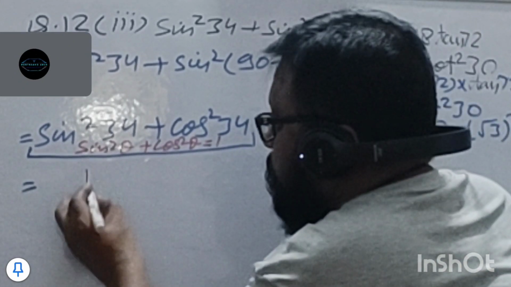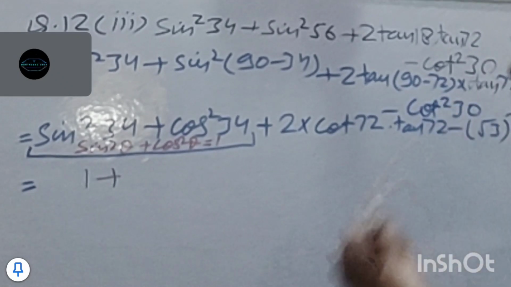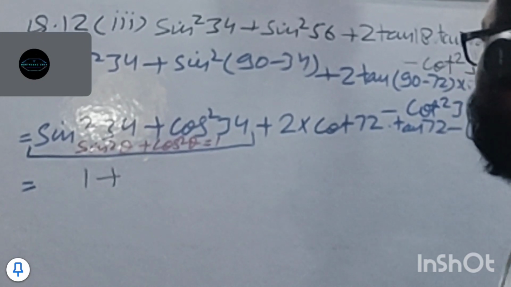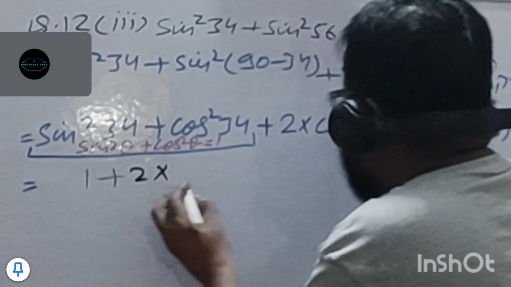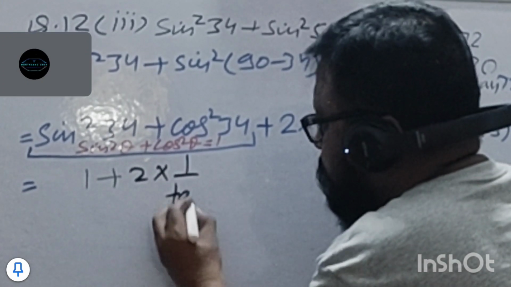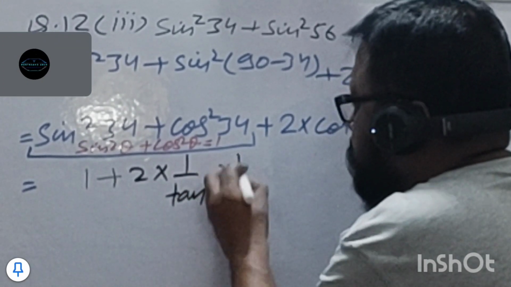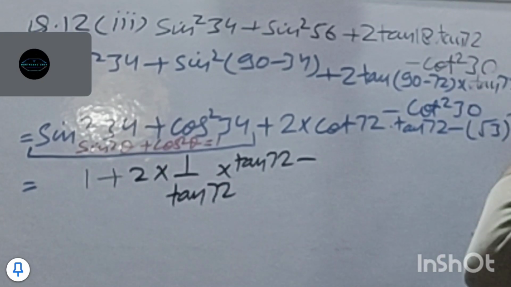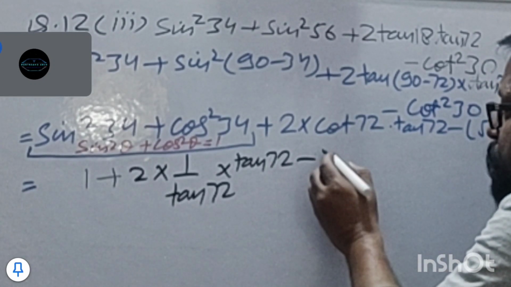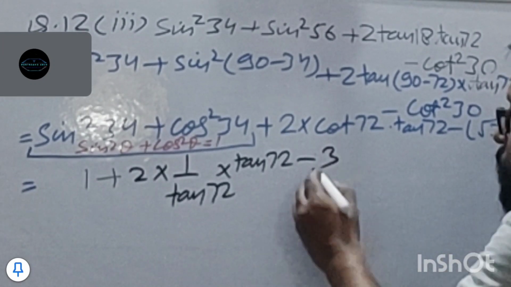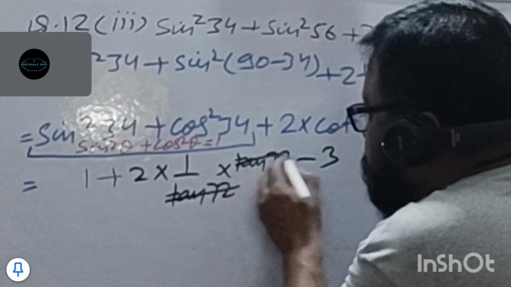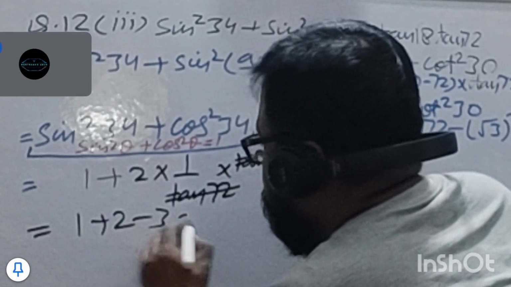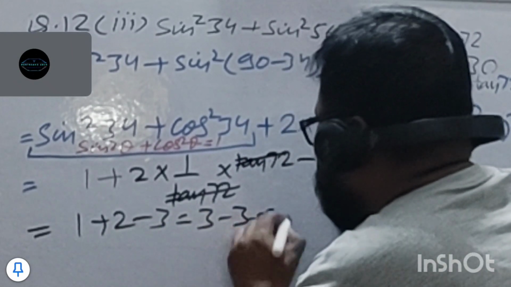So that's why it is 1 plus 2 into 1 upon tan 72 into tan 72, minus the square of √3, which is 3. Now tan 72 is cancelled off and we get 1 plus 2 minus 3. So 3 minus 3 is equal to 0.